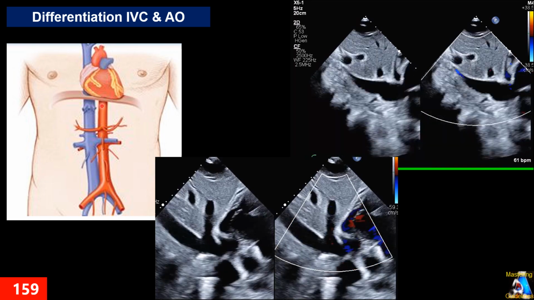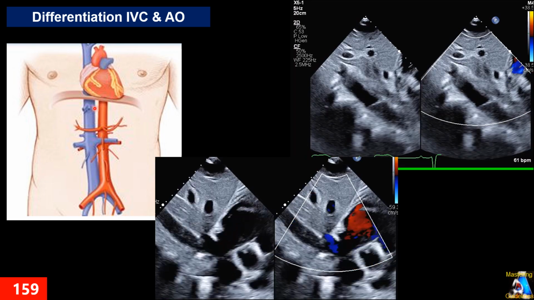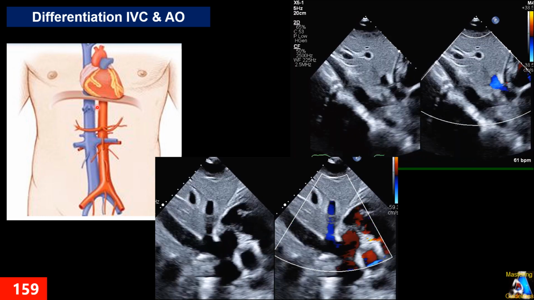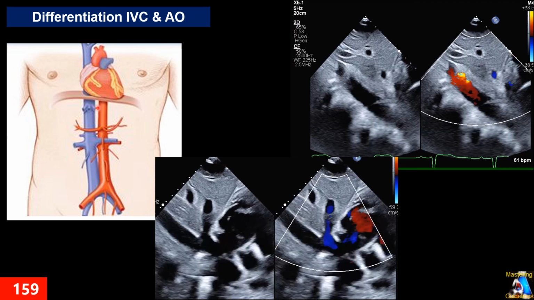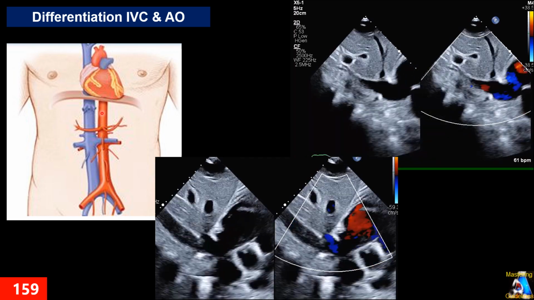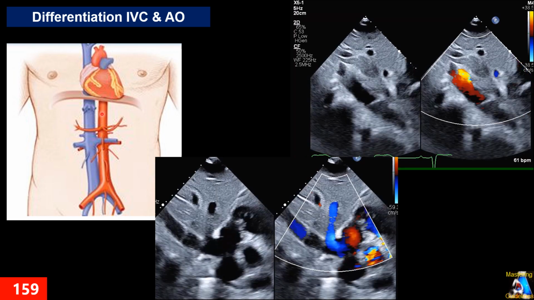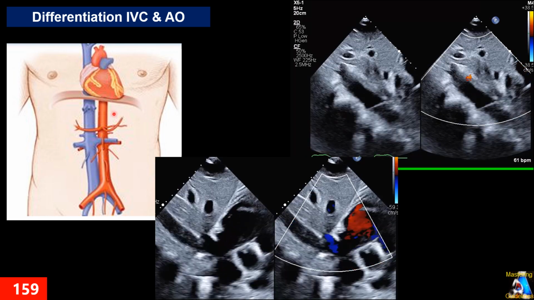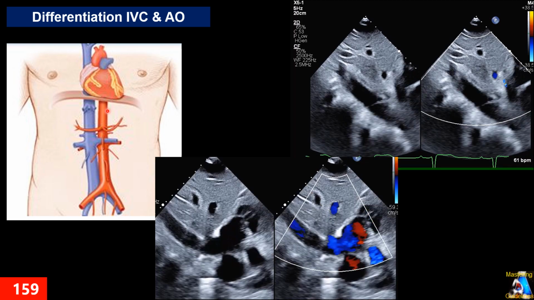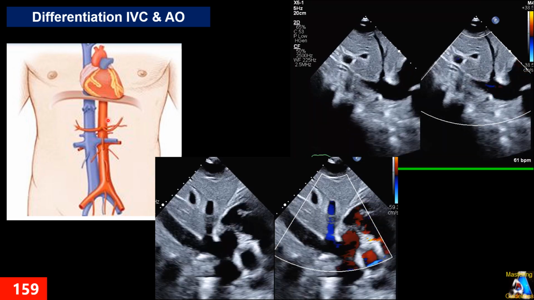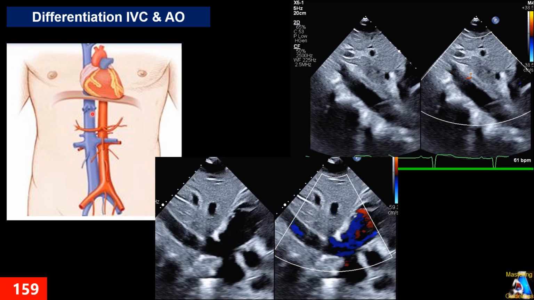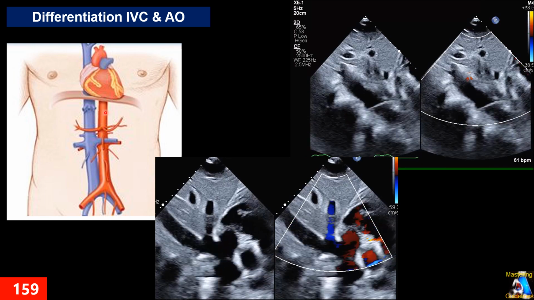When you see the first vessel, fan left and right, fan from the left of the patient. If after fanning to the left of the patient you see another vessel, it makes sense that the first one was the IVC, because when you fan to the left side, you pass that one and you see another vessel, so the second one will be the aorta and the first one will be the IVC, or vice versa.